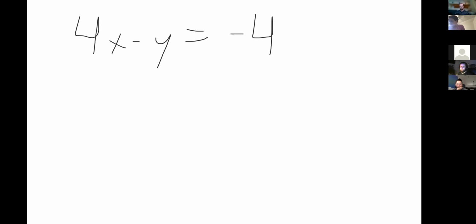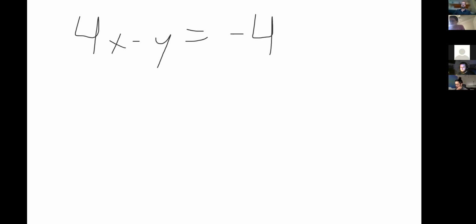Nadia, did you graph this? Yes, whichever it is. Can you help me, just read me the question? Is it 3A? Number 3B, 4x minus y equals minus 4. Okay, yes, I did this one. Is it y equals 3/2x minus 6?